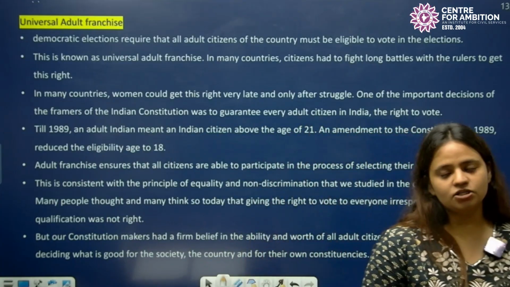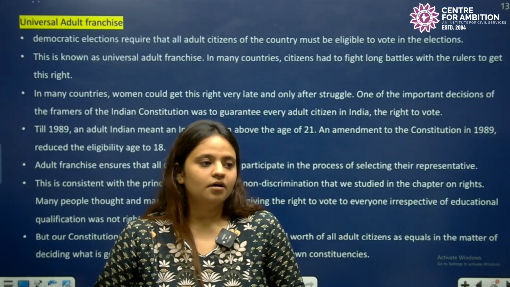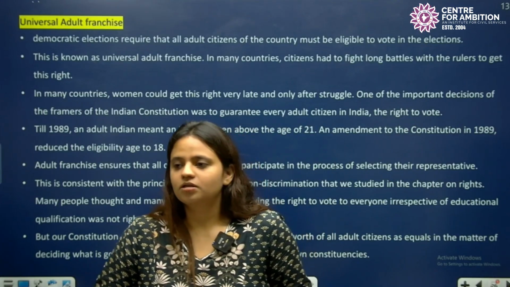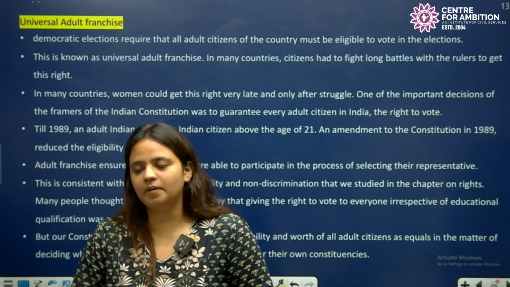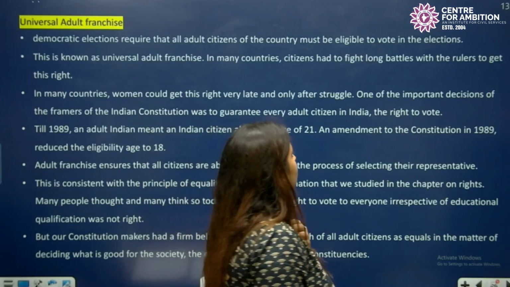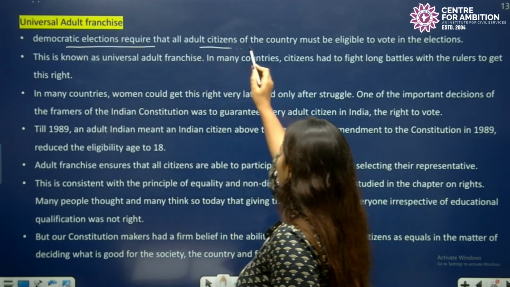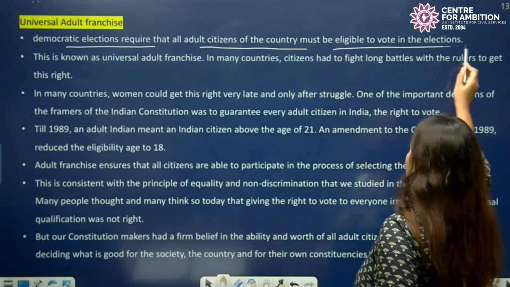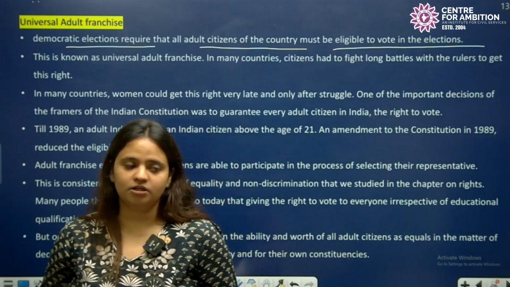It is the right of every adult citizen to vote for a particular political party, which will form the government. Democratic elections require that all adult citizens of the country must be eligible to vote in the elections.